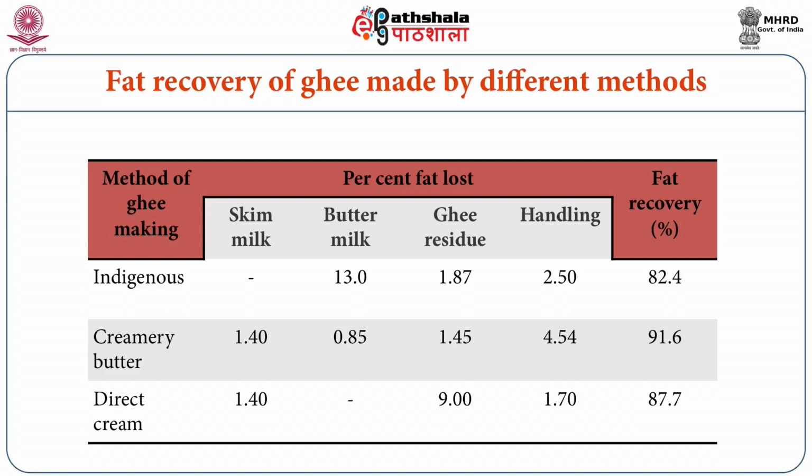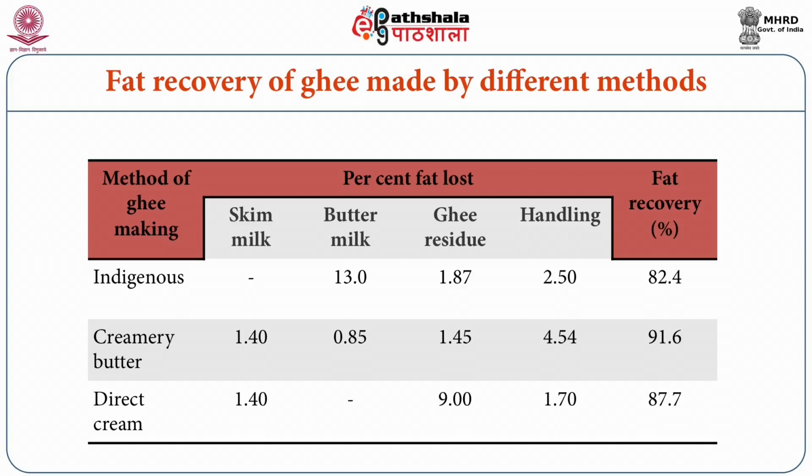So you have got 13% fat loss over there. The ghee residue quantity is also quite good because makhan contains quite a good amount of SNF. So you can see the ghee residue fat is 1.87. Handling losses also are quite good, around 2.5, and hence you are finally getting a fat recovery of 82.